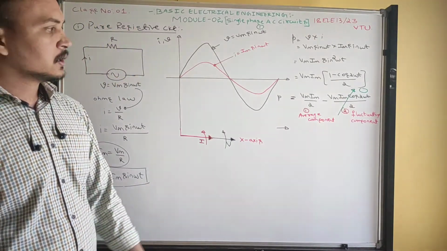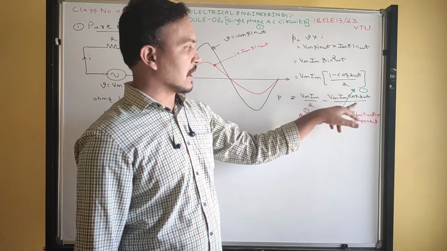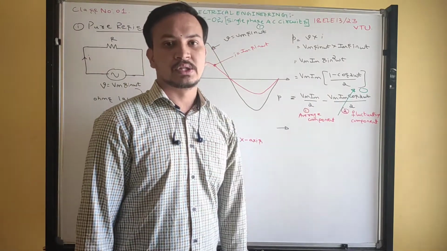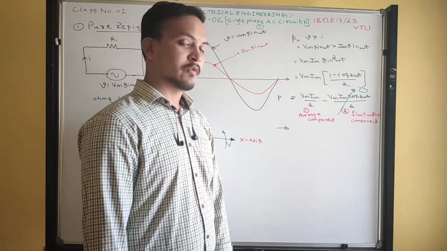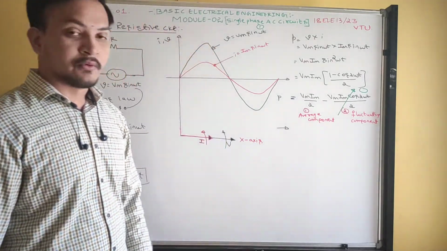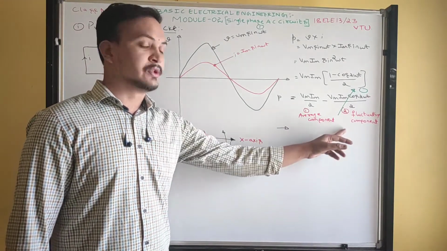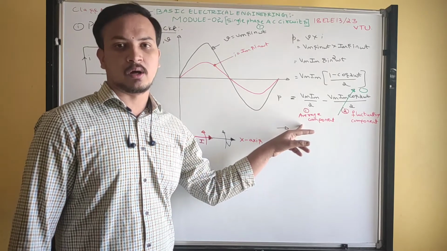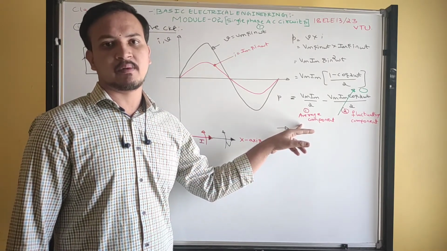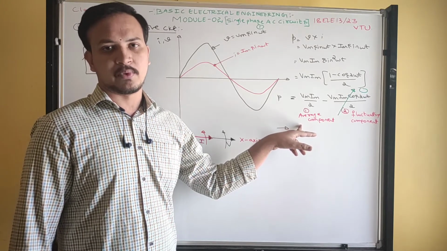I repeat again: if we integrate the fluctuating component over one cycle, its average value is always 0. Full stop. Therefore, power is consumed only due to the average component.